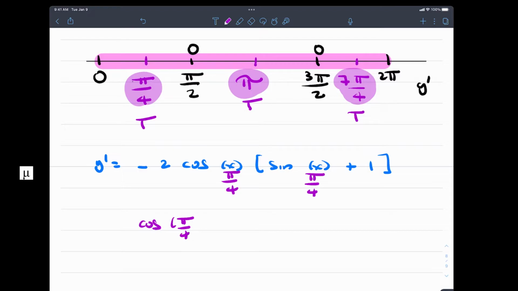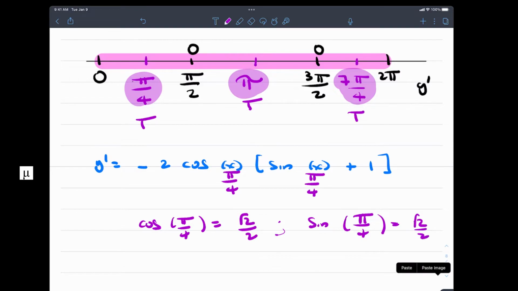That's square root of 2 over 2. Do you guys know what sine of pi over 4 is? Same thing, square root of 2 over 2. Isn't that 0.7? So this would be 0.7, and this would be 0.7.